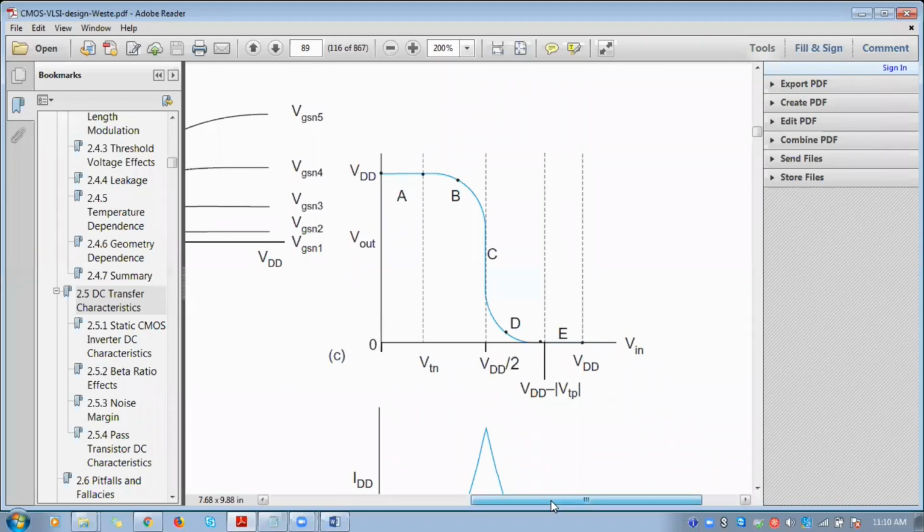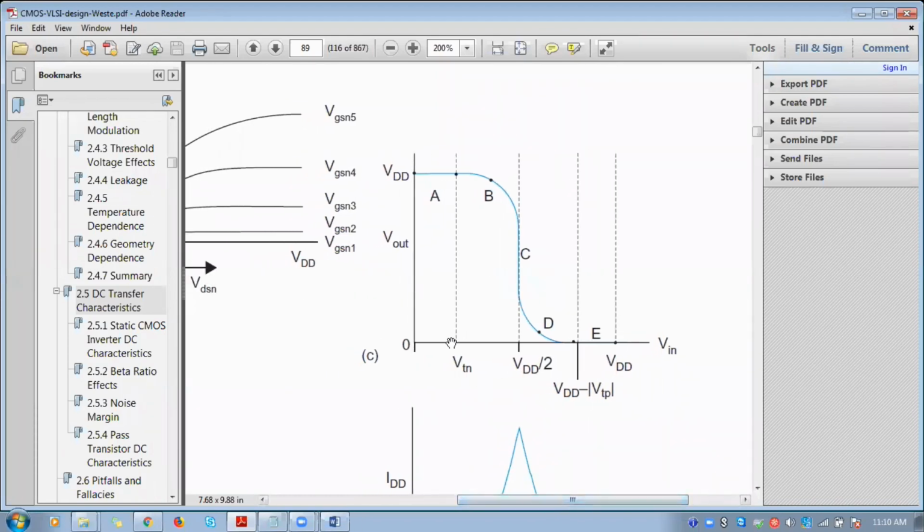Here we will be discussing what the input voltage and output voltage conditions are at each and every operating point, and at a particular operating point, what the status of the PMOS and NMOS is, whether it will be in the saturation region, cutoff region or linear region.